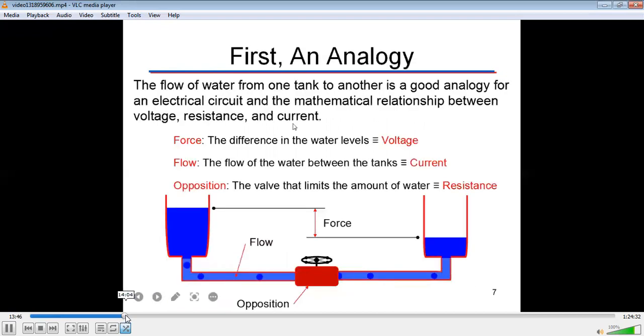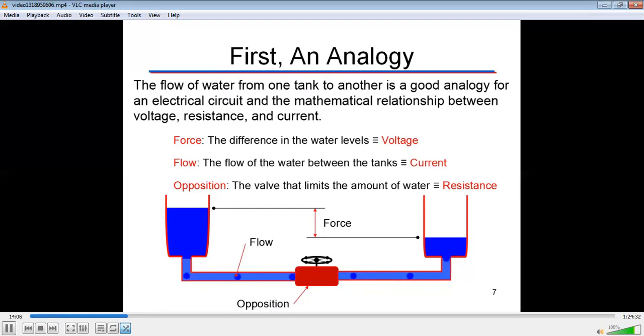Now, first analogy. This is a very important part. The flow of water from one tank to another is a good analogy for the electrical circuit and the mathematical relationship between voltage, resistance, and current. So the force, the difference in the water level, acts as a force which is called voltage.